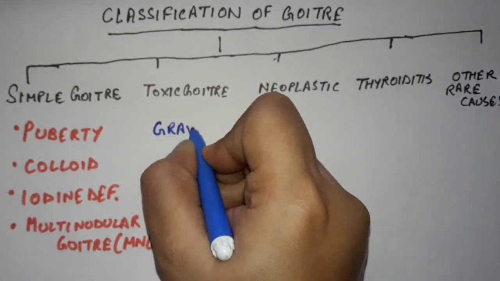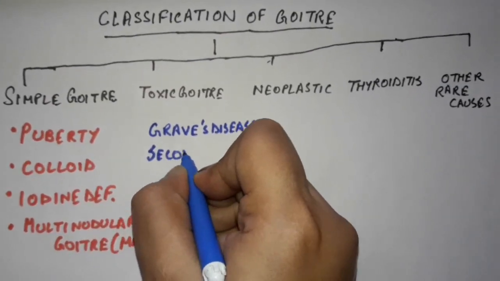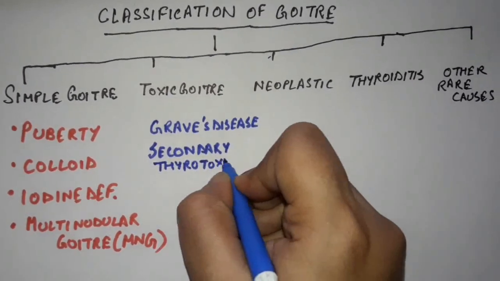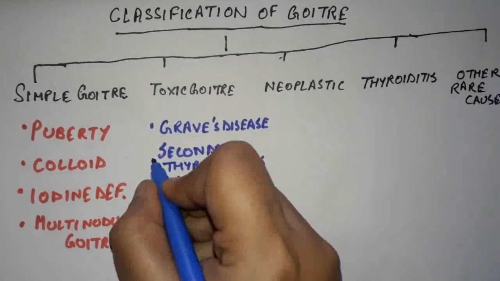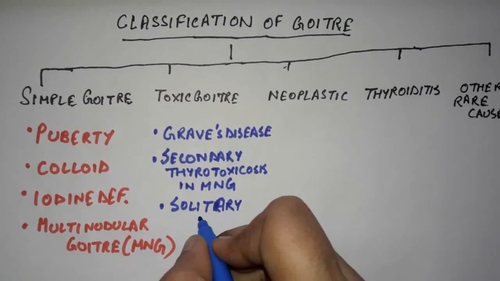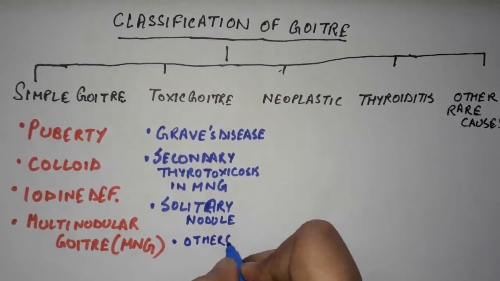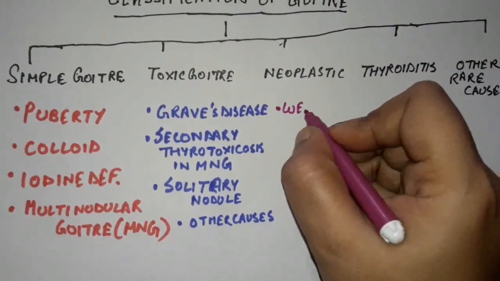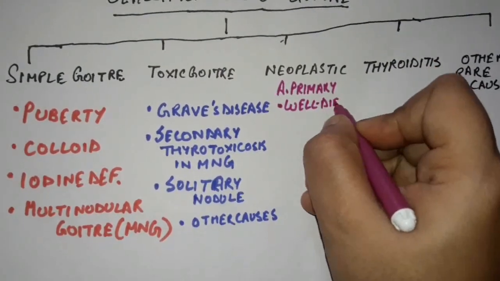Now types of toxic goiter is Graves' disease, secondary thyrotoxicosis in MNG, third one is solitary nodule, and fourthly other causes. Now neoplastic goiter, it can be divided into primary and secondary.